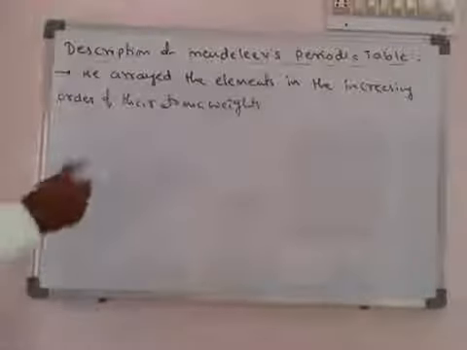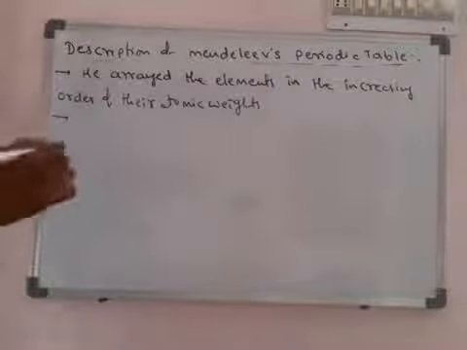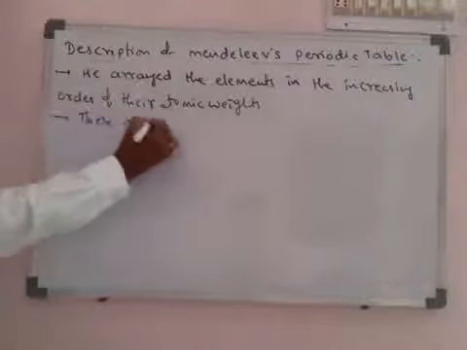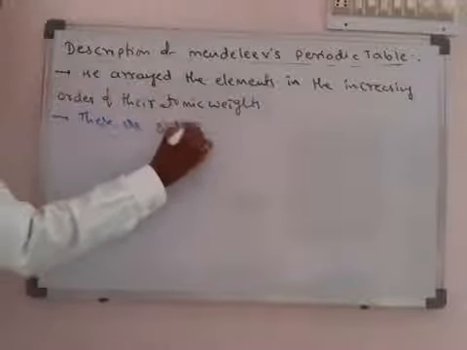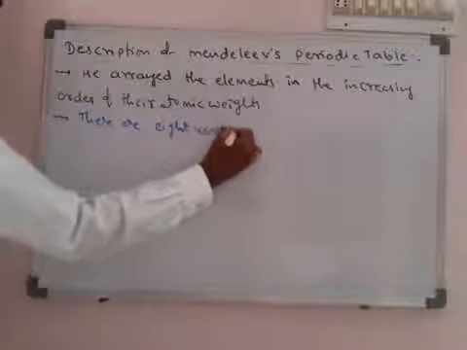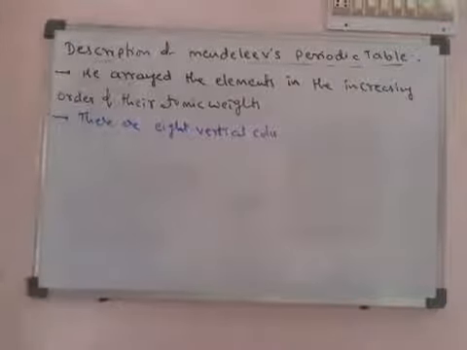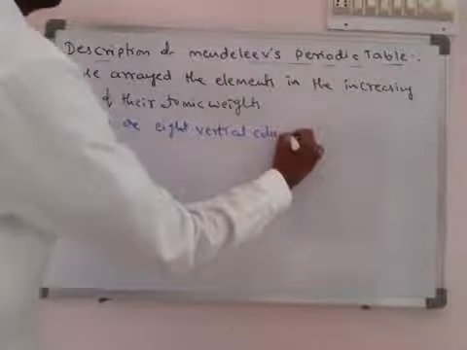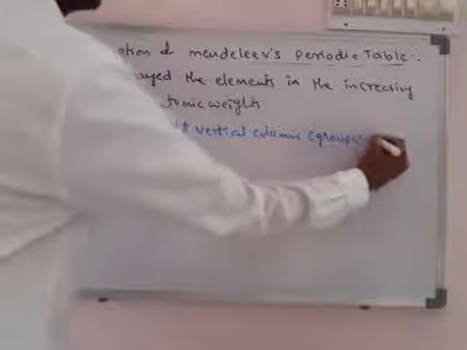Next, it contained 8 vertical columns, as we said, there are 8 vertical columns present. So vertical columns are known as groups, okay?